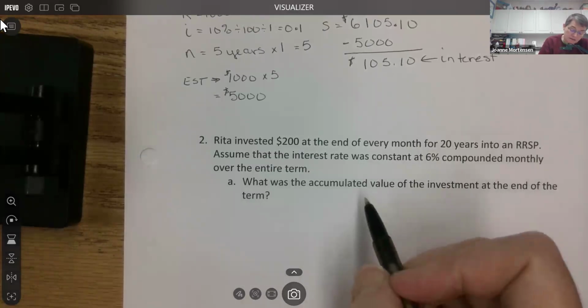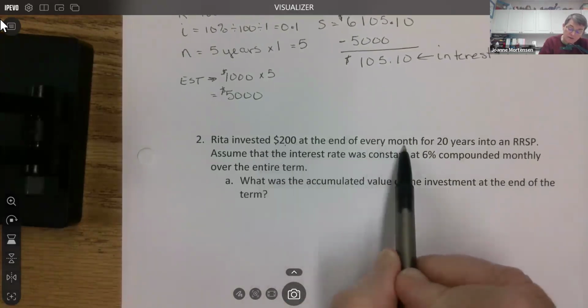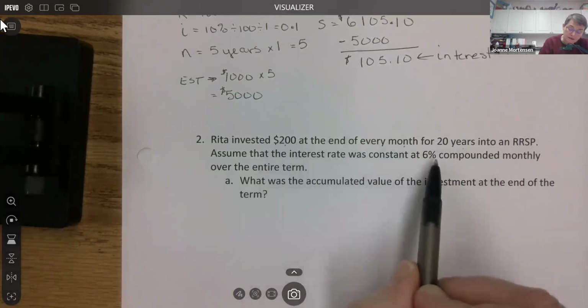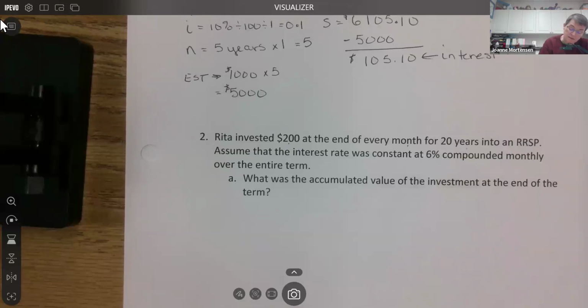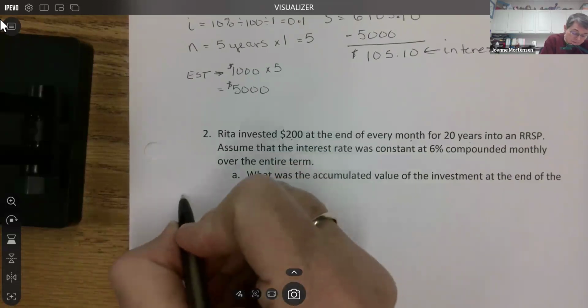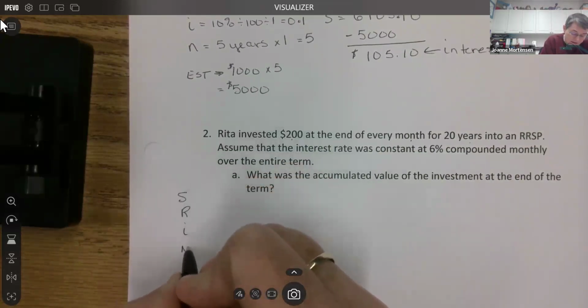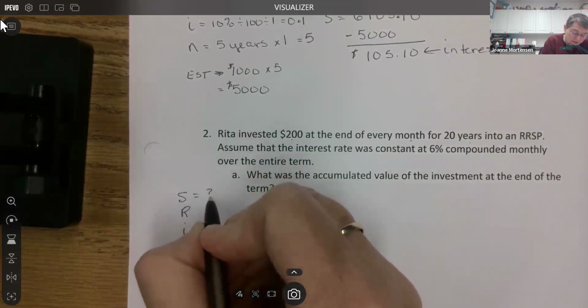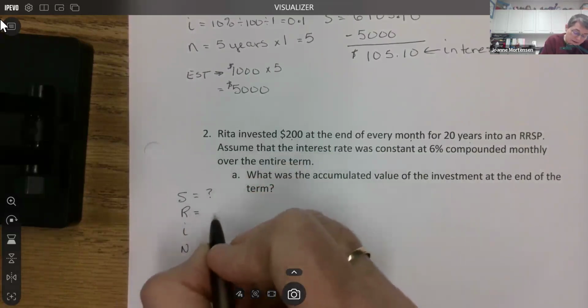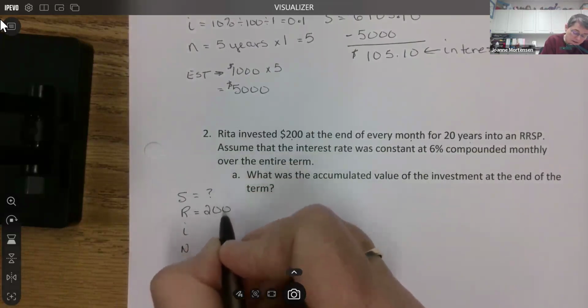Let's see. $200 every month for 20 years. Assume the interest rate was constant at 6%, compounded monthly over the entire term. Okay. S, R, I, N. Don't know how much. My regular payments are $200.